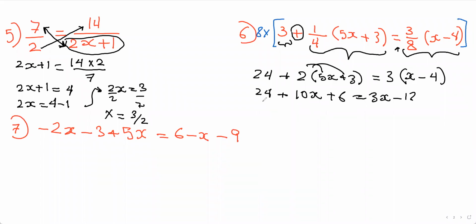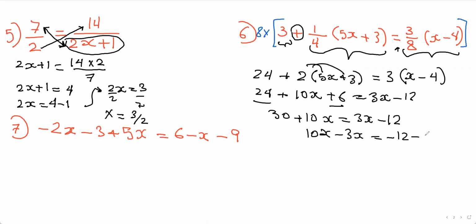Some people like to collect like terms here right away. So 24 plus 6 is 30. So they write 30 plus 10x equals 3x minus 12. Now 10x minus 3x equals negative 12 minus 30.